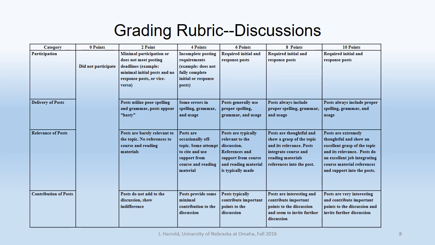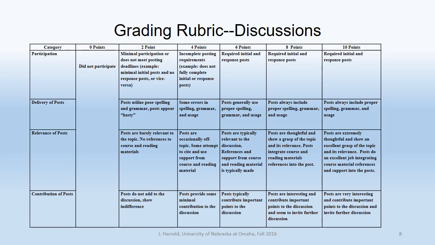Okay, I have 2 grading rubrics or grading guidelines here. This first one has to do with the discussion board. So I said we have a discussion each week, and it's this post, question, respond format. Well, each week you're not going to get the maximum, which is 10 points, if you just show up and say something.